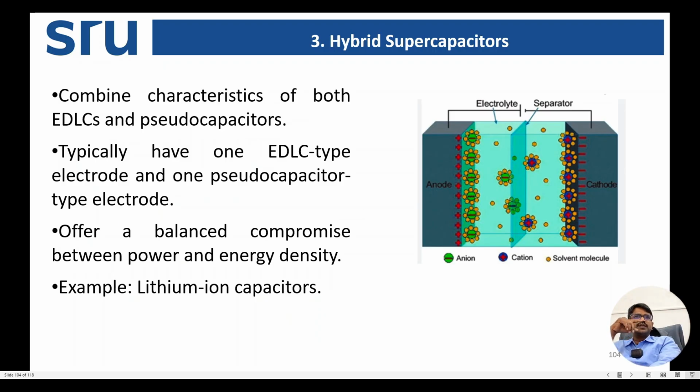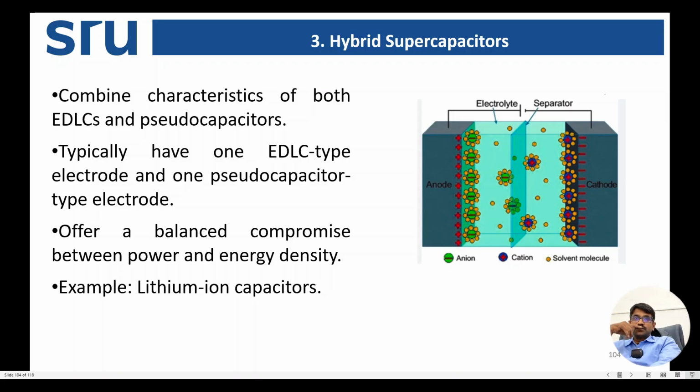Hybrid capacitors are the combination of EDLC and pseudo capacitors, because mostly in EDLCs we use carbon based electrodes, and in pseudo capacitors we use metal oxide based electrodes. In hybrid capacitors we use the combination: one electrode made of carbon based material and the other made of metal oxide, so that it can balance both power and energy.